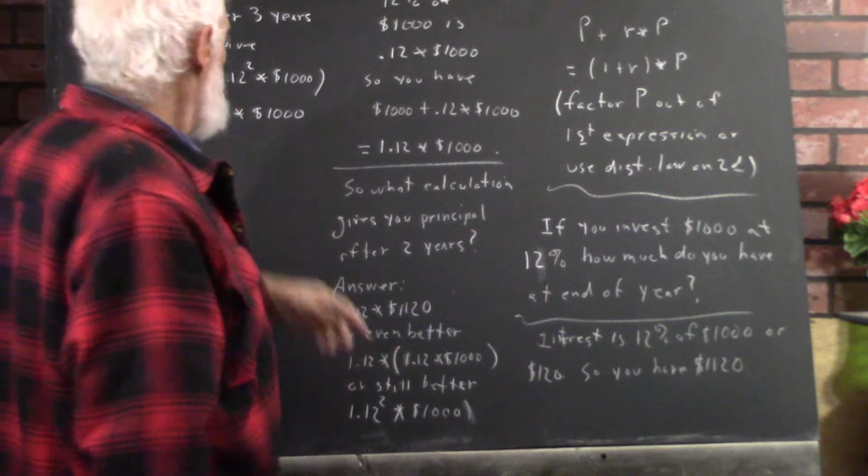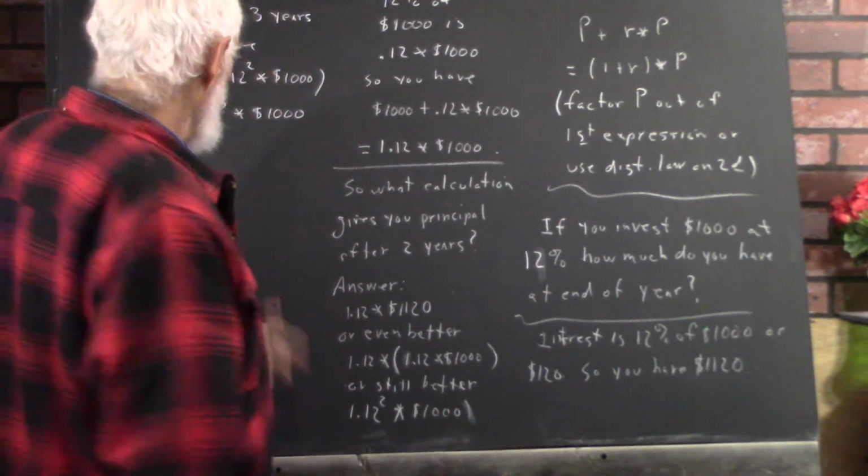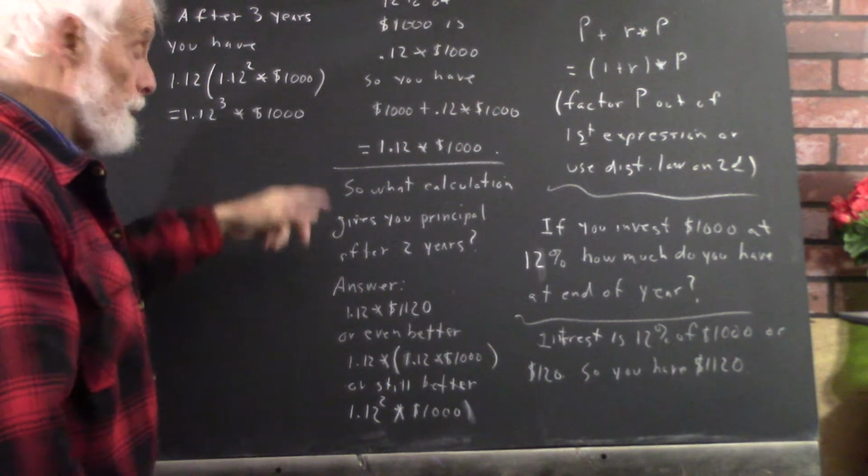And of course, if you want the amount after 4 years, you multiply this by 1.12, and what do you get?